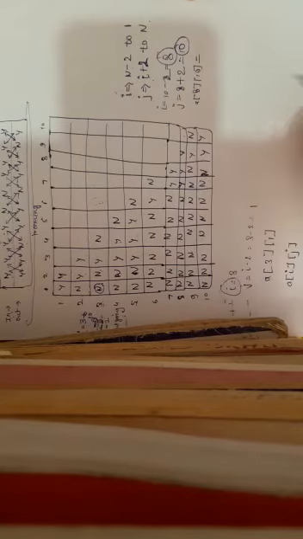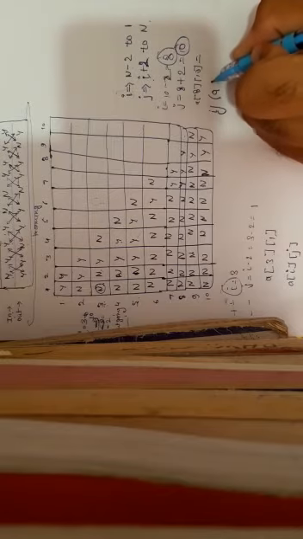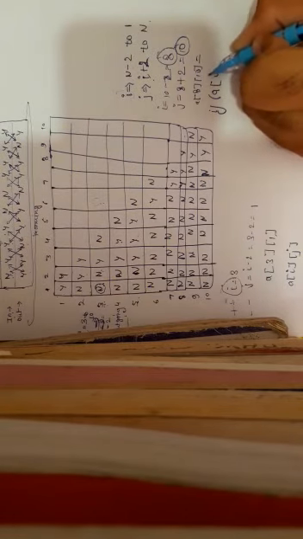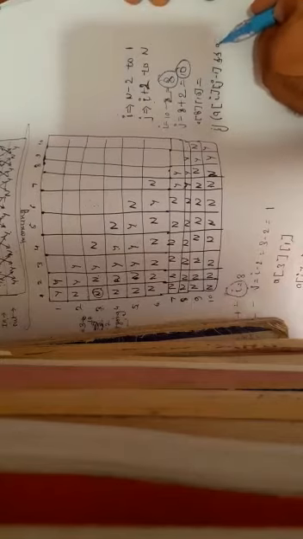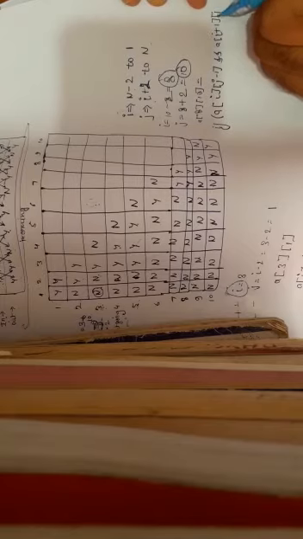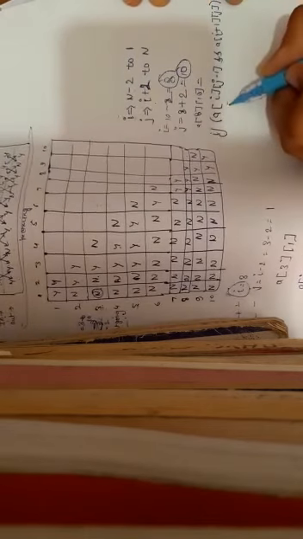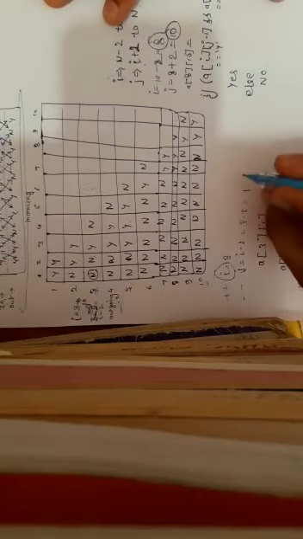Now for here, what we have to check is that if a of i j minus 1 and a of i plus 1 j are both yes, then our answer will be yes, else the answer is no. So let's understand in the matrix.